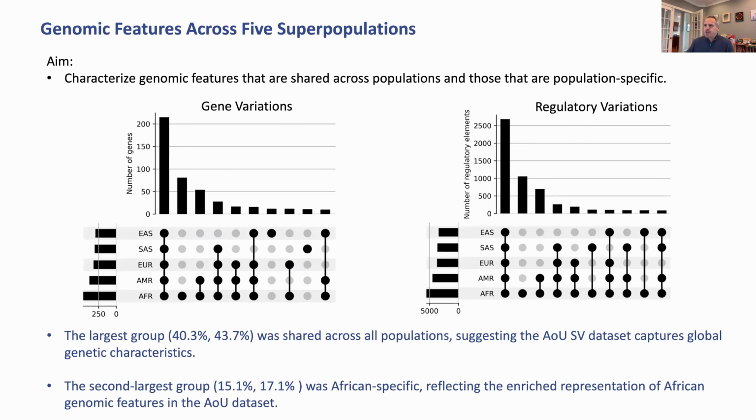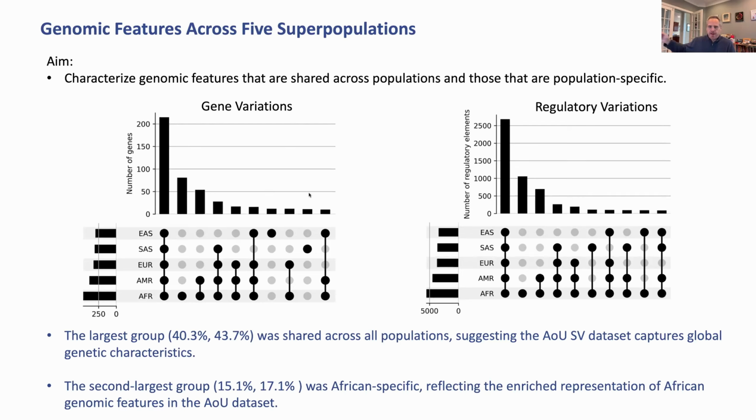So again, we can characterize where these variants occur. We can characterize that many of them do occur in genes. We can characterize many of these variants do occur in regulatory sequences. And we can comment many of the variants are shared across all populations, although some of them are specific to African Americans in both the gene variations and regulatory regions.